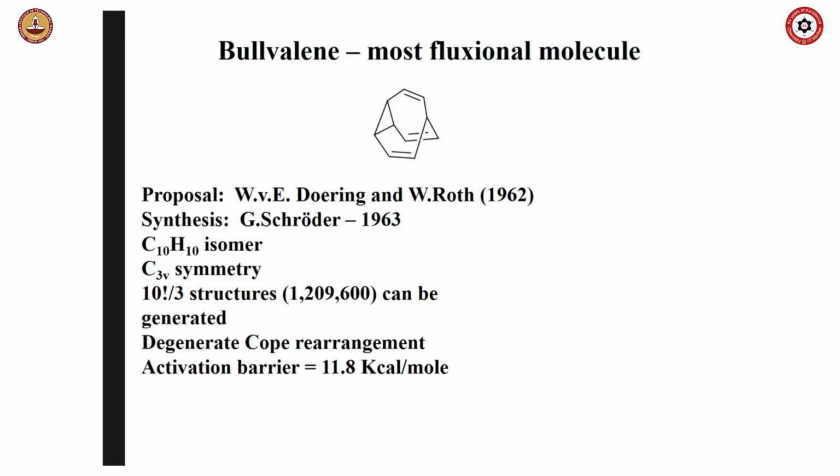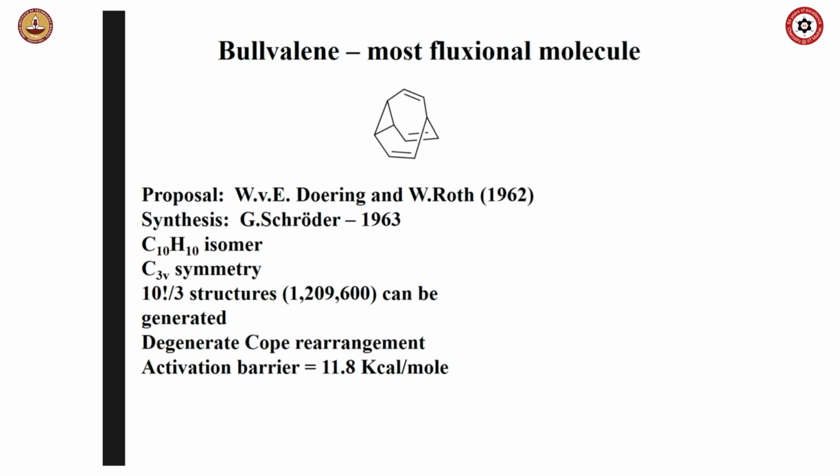What is interesting is it can undergo 1.2 million times different Cope rearrangements and still produce only bulvalene. So 10 factorial divided by 3: the 10 comes from the fact that it is a C10 molecule. There are 10 carbons and hydrogens which are identical.